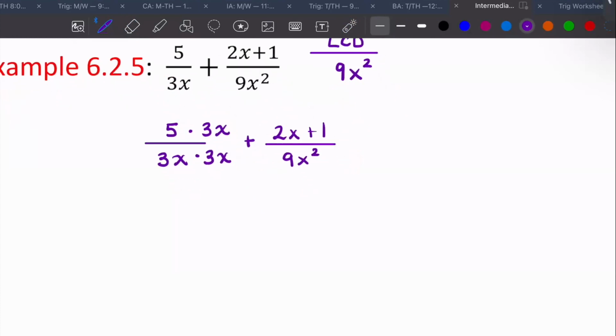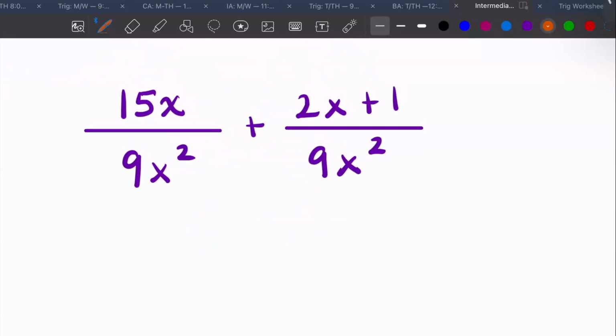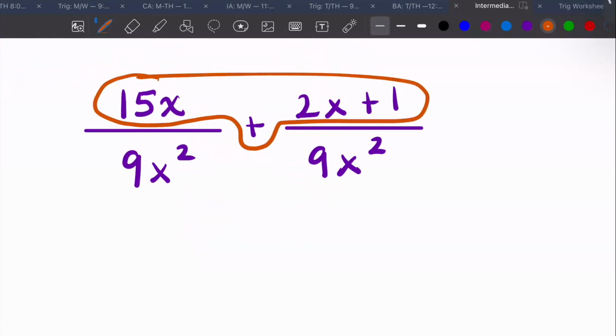Okay, so I would get 15x over 9x squared plus 2x plus 1 over 9x squared. Okay. Once you have your denominators the same, you're just looking at your numerator. You're going to push it together and put it over your common denominator.